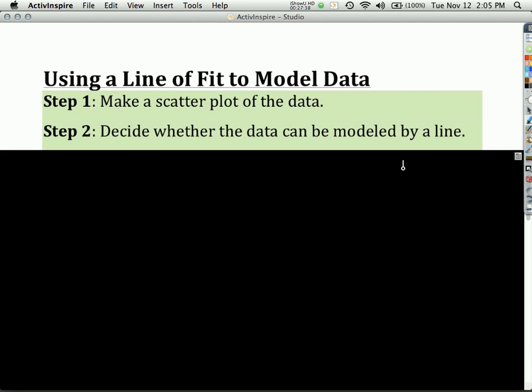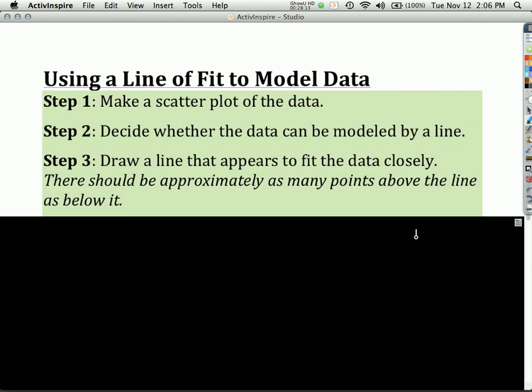Then, here's where it's different from what you've experienced in the past. Now you have to decide, does your scatter plot look like you can model it with a line? In other words, do all the data points seem to form something that looks like a line? If you decide yes, then we proceed. If you decide no, then we stop because we can't do anything. But let's assume the answer is yes.